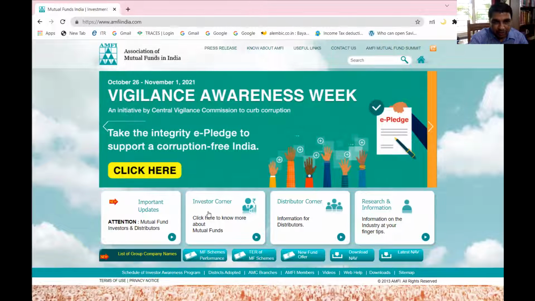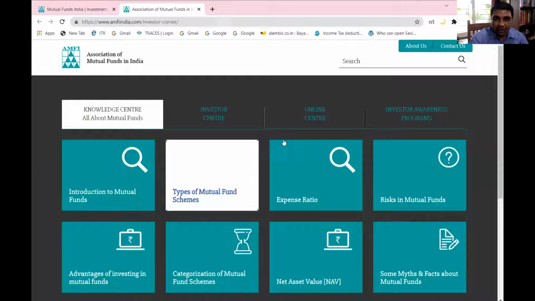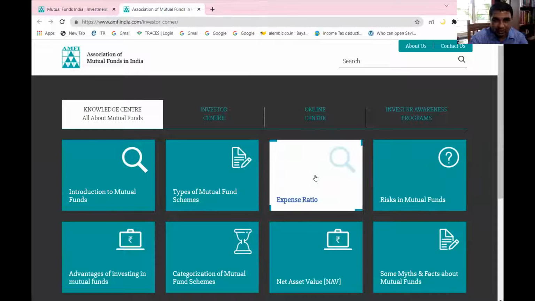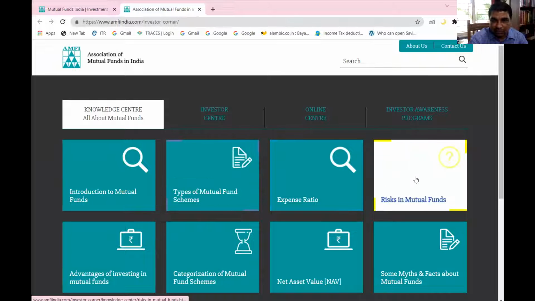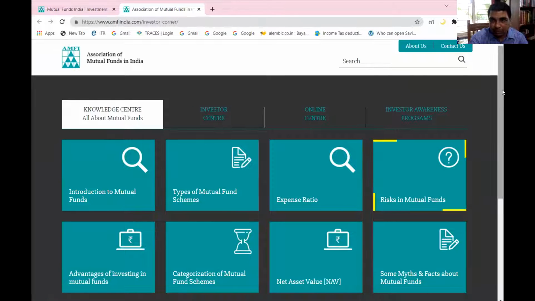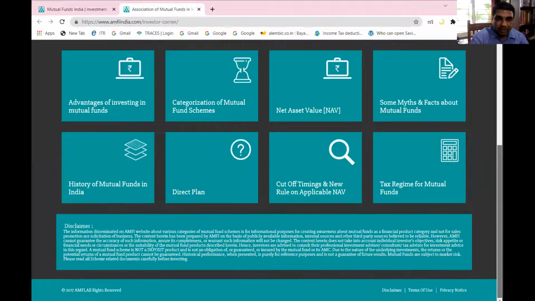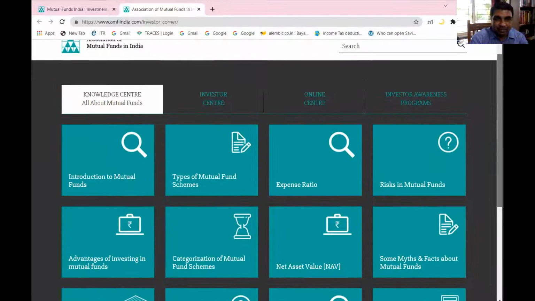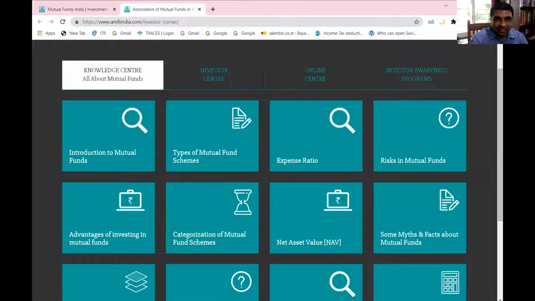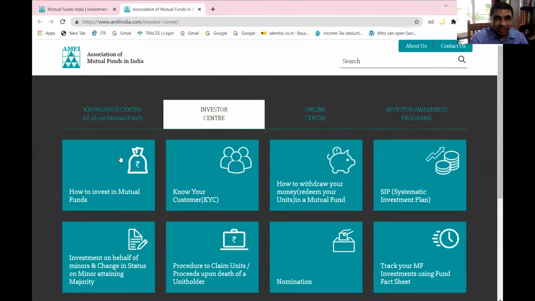Okay, if you go to the investors corner here, you can acquire a lot of knowledge. What is expenses ratio, types of mutual fund schemes, risk in mutual funds. So I expect all of you to visit this site and update your knowledge. Okay, friends, will you be doing it? Yes, sir. Again, one more page, you see Investor Center.